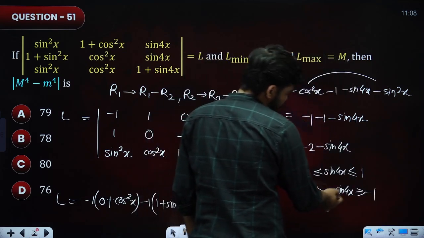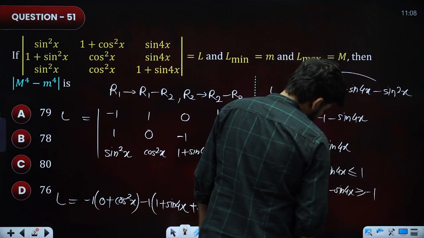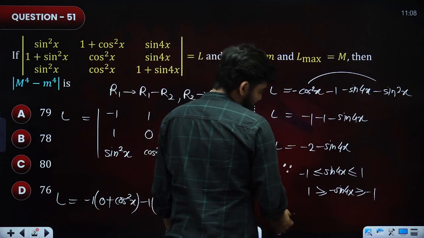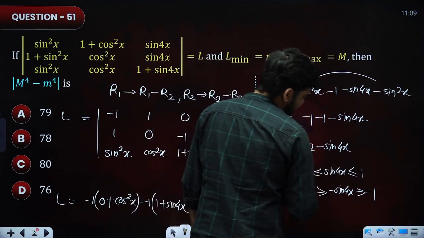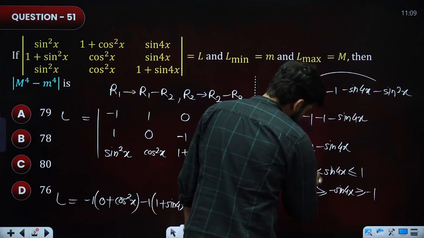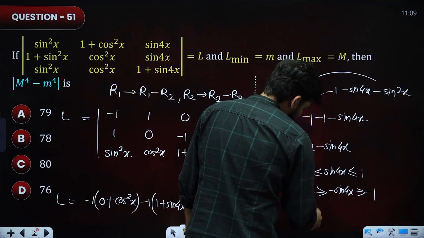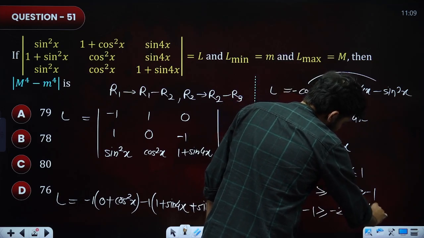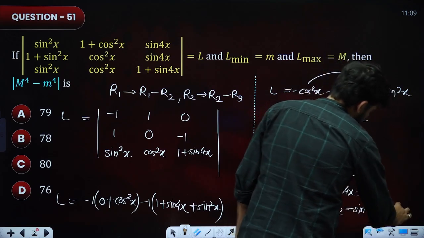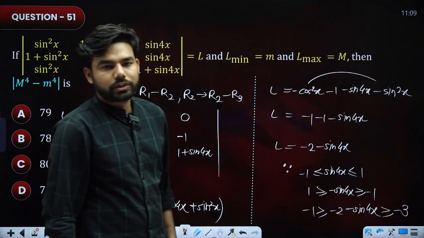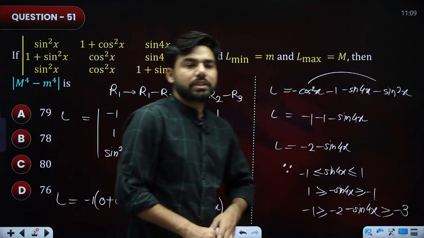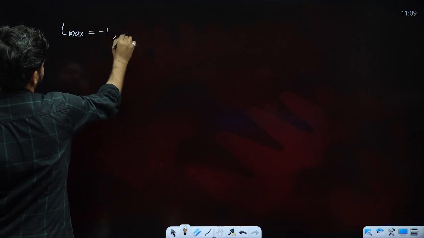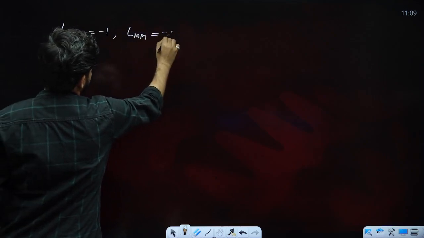Again if I multiply with the minus sign and take minus 2 on all sides, we got minus 1, minus 2 minus sin 4x, and minus 3. So that's how we can say that minus 1 is the maximum and minus 3 is the minimum value. So L maximum is minus 1, L minimum is minus 3.